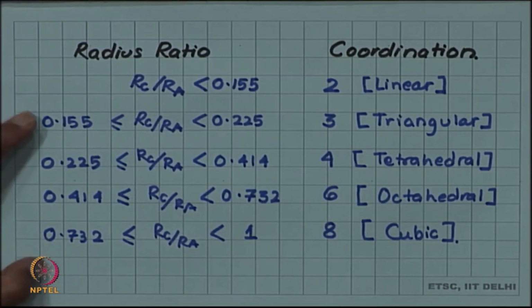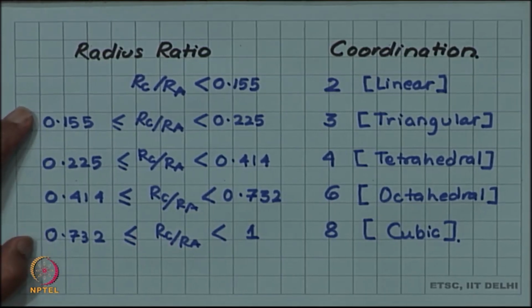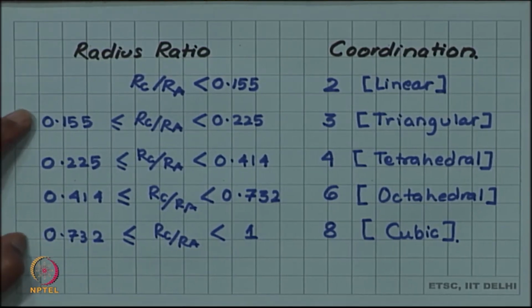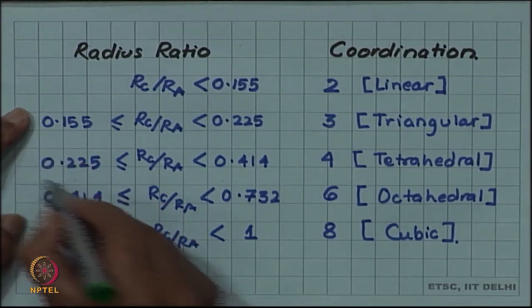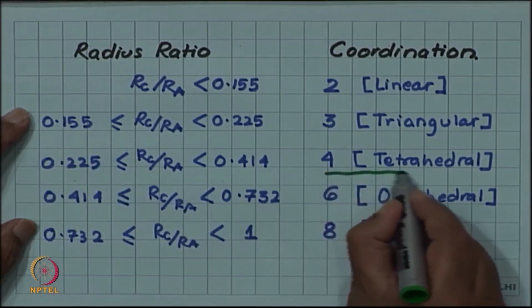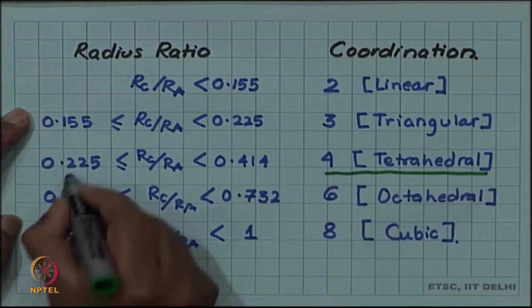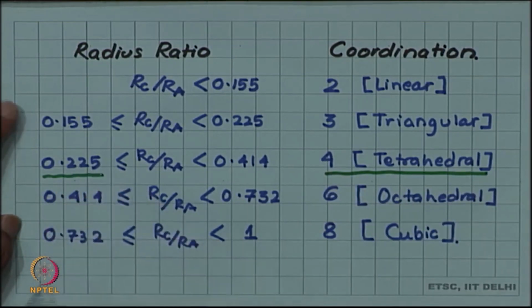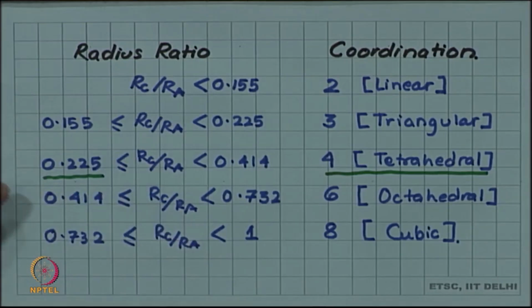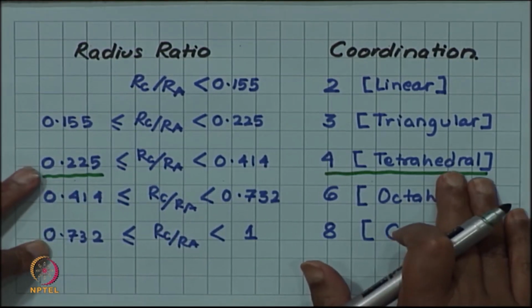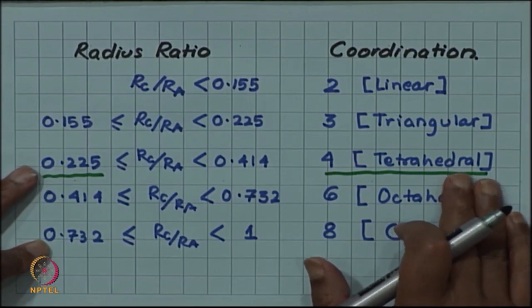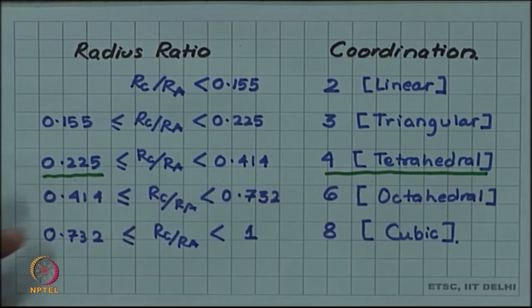One thing which sometimes causes confusion to students. Let us look at the tetrahedral coordination. We find that 0.225 is the minimum radius ratio at which the tetrahedral coordination becomes stable. But this same number we derived when we were studying the cubic close packed structure, as the maximum size of a sphere which will fit in the tetrahedral void.